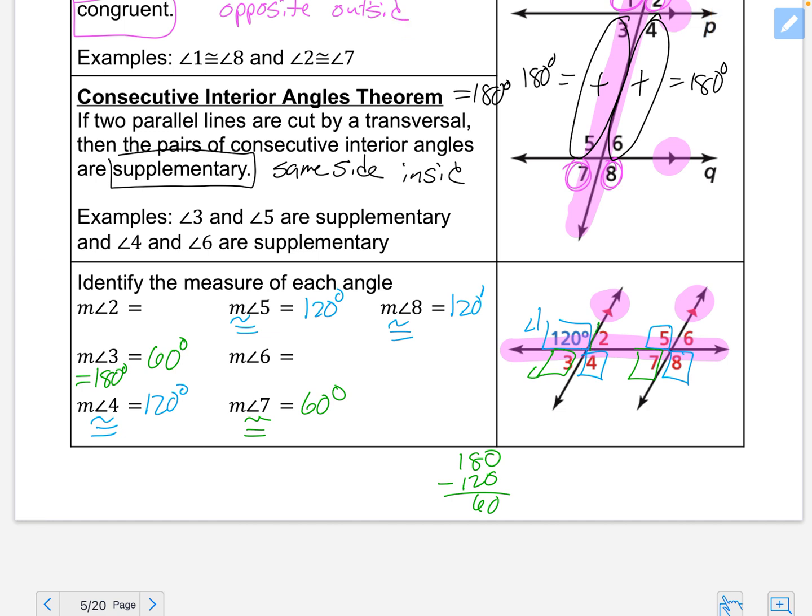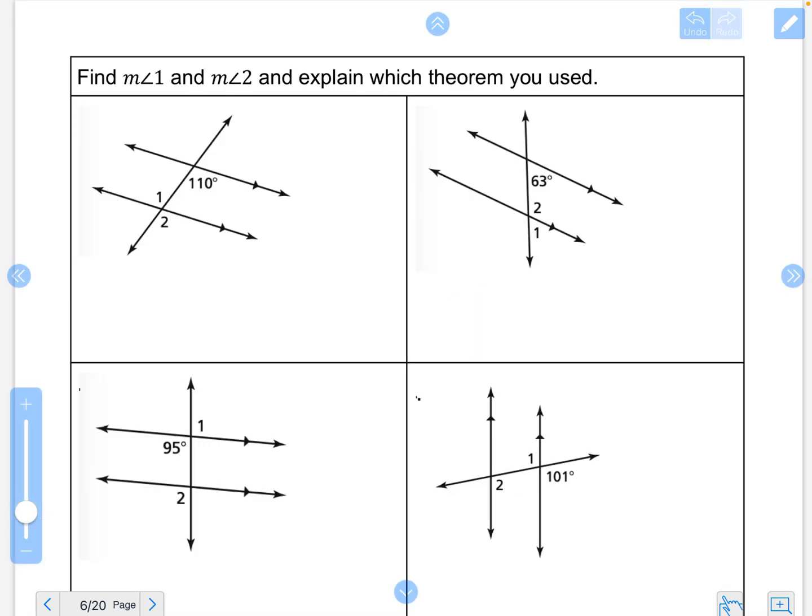I know that 7 is an alternate interior angle with 2, and because it's alternate interior, they're congruent, and so 2 is also going to be 60 degrees. And then finally, I know that 2 and 6 are corresponding, and so they are congruent, and so 6 is going to be 60 degrees.